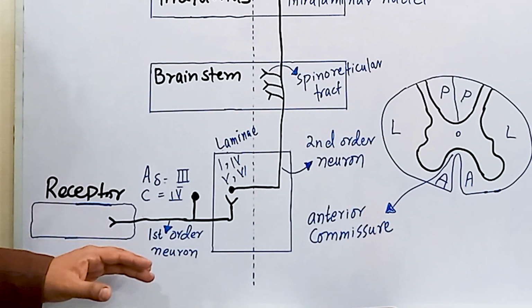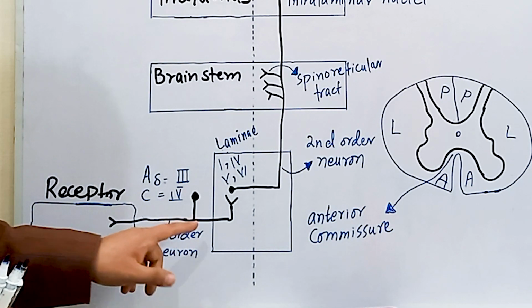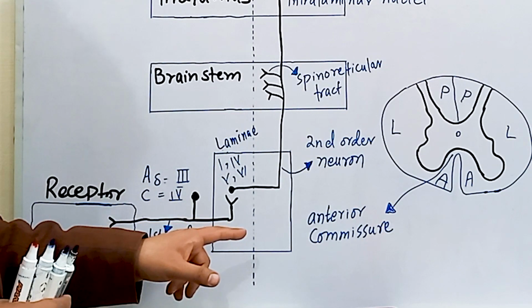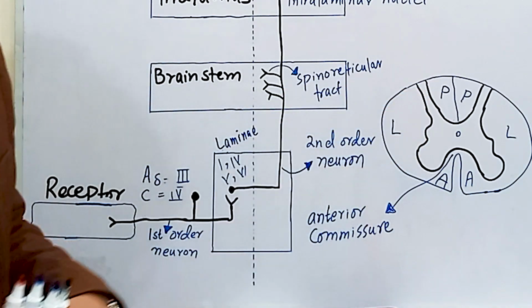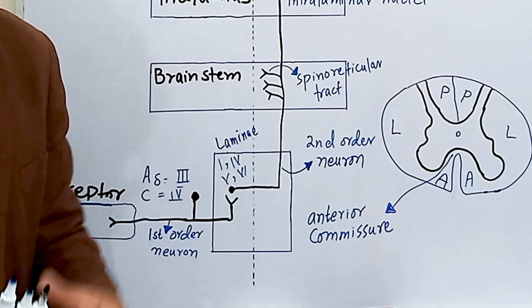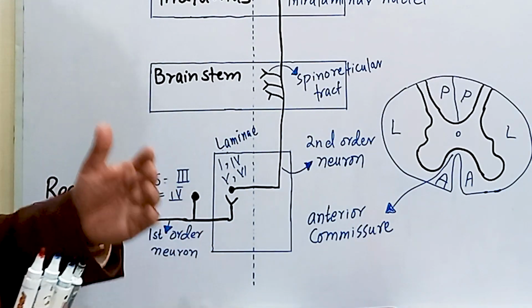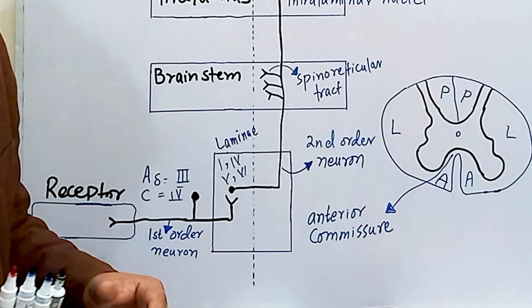These first order neurons have their cell body present in the dorsal root ganglion. The central axon goes to the posterior gray horn of spinal cord, where it finds its first relay, the first synapse in the dorsal horn of spinal cord.